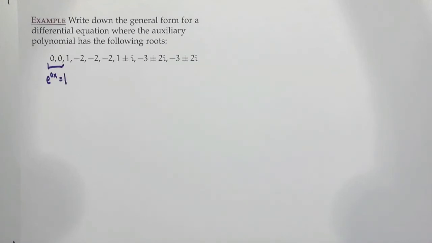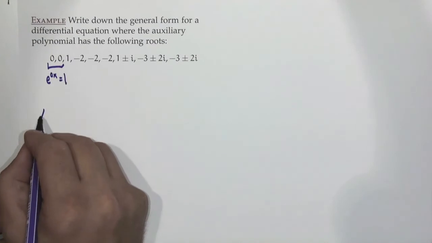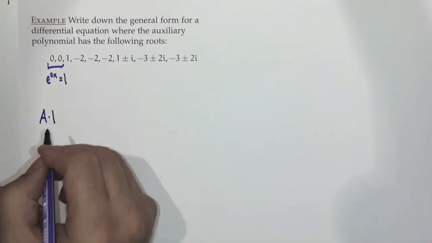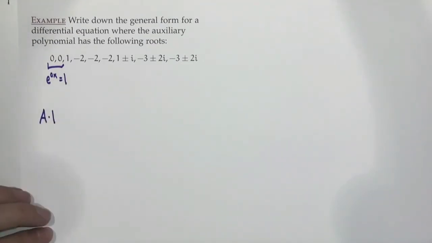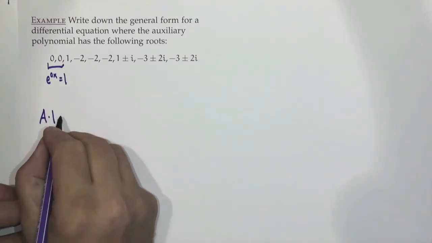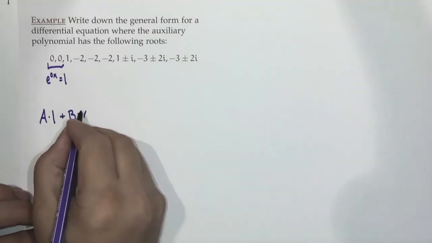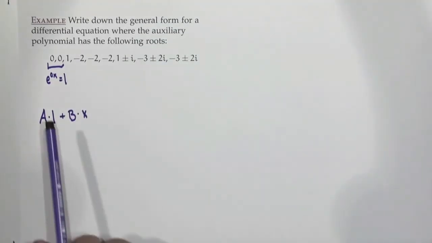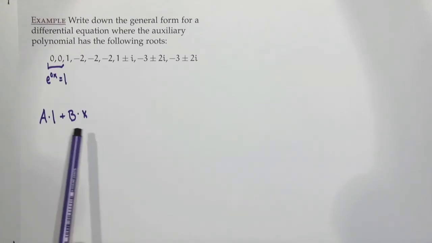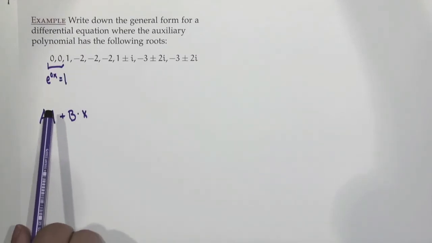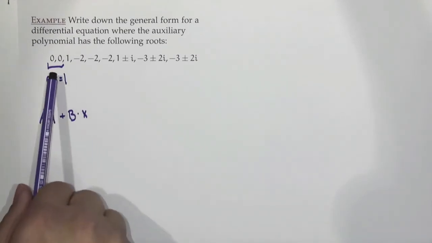But 0 is a root twice, so we know we're going to have something times 1, but what else? We've got to bump up for our next solution that corresponds to a root of 0, so you multiply by x. Those are our 0 roots. It's a repeated root. e to the 0 is 1, and then you have to bump it for the second time.